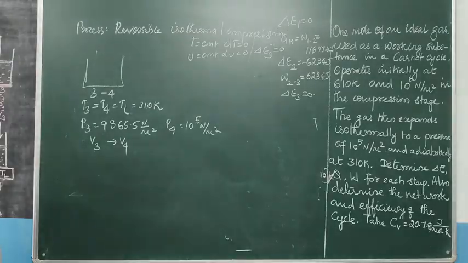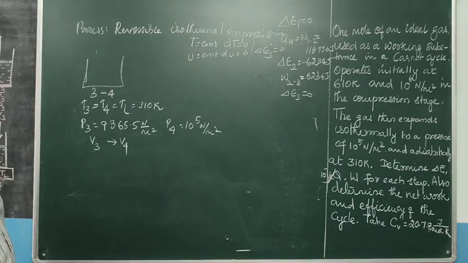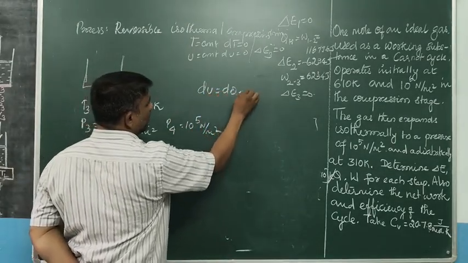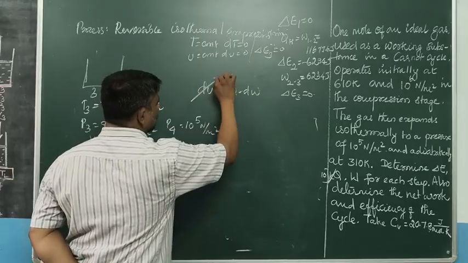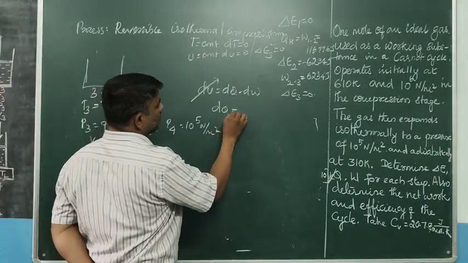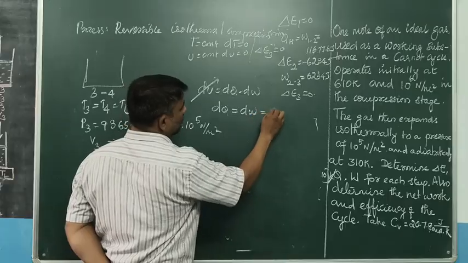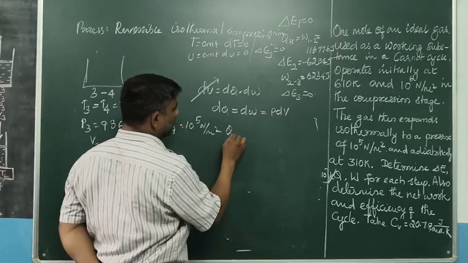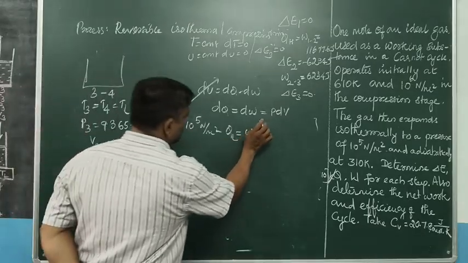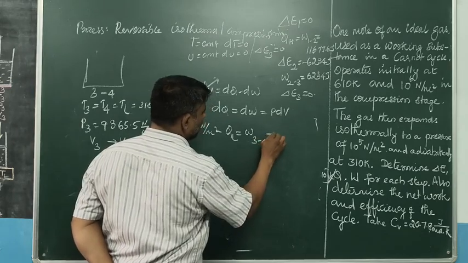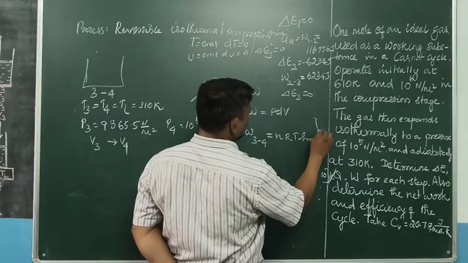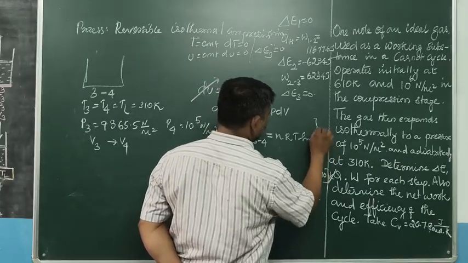Now I am going to find the amount of work done or heat exchanged. The first law of thermodynamics says that du is equal to dq minus dw. Since it is isothermal process, du is equal to 0, or dq is equal to dw is equal to pdv, or I can write like this: ql is equal to w3 to 4 is equal to n r t ln P3 divided by P4.